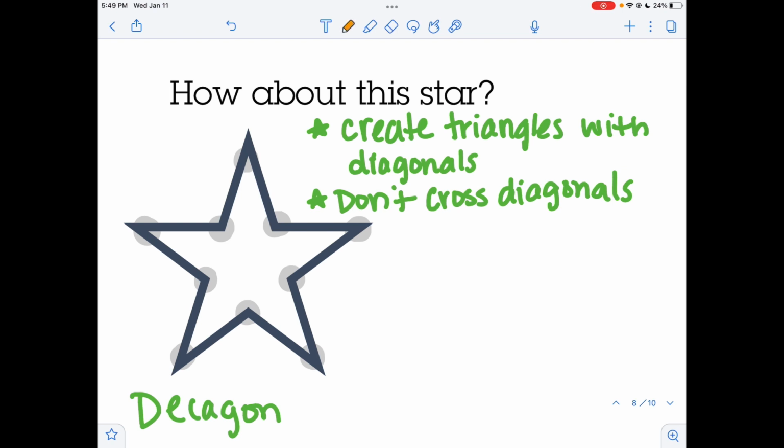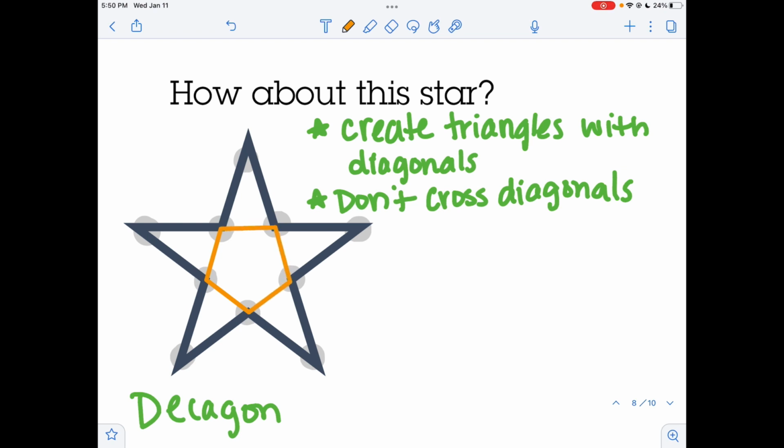All right, welcome back. I really do hope that you paused and started to make triangles. The easiest way to start, honestly, is to just cut off all the points. So if I come in here and I use the diagonals, they're non-adjacent, right?